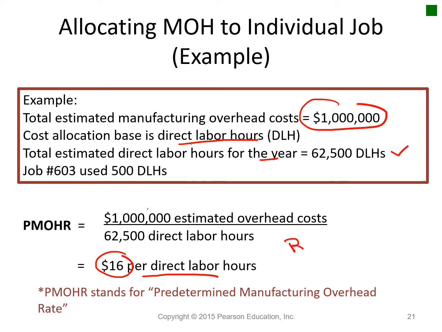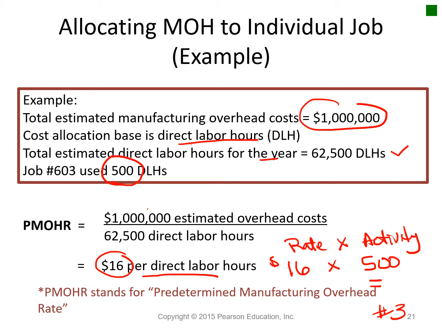So if that's going to be your rate, then the next step is to multiply by the activity. You're going to take that $16 and multiply by the activity on the job, which says job 603 used 500 hours. So you take the 16 and multiply by 500, and that's going to give you your product cost number 3, which is your allocated or applied or assigned overhead.